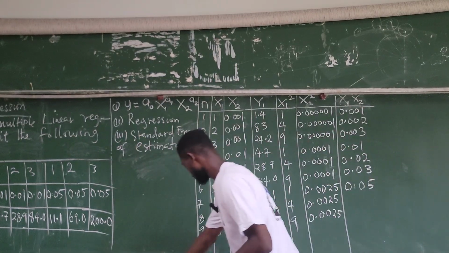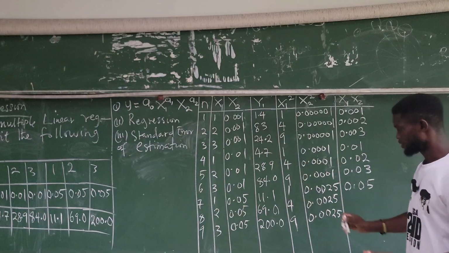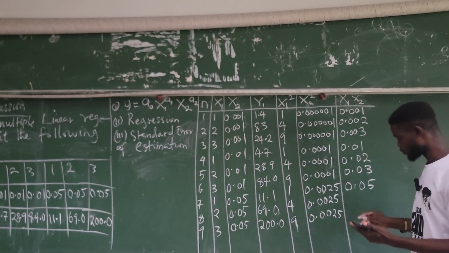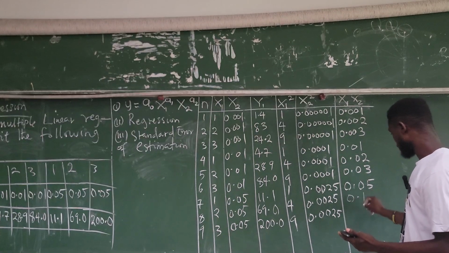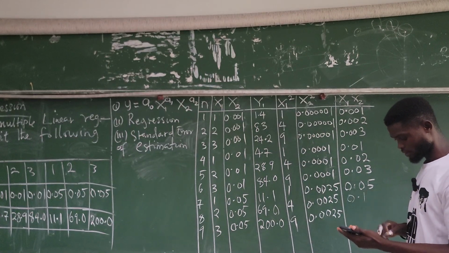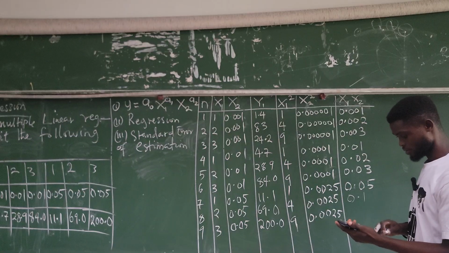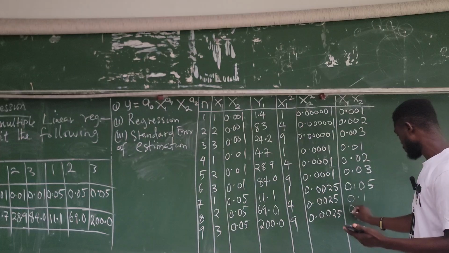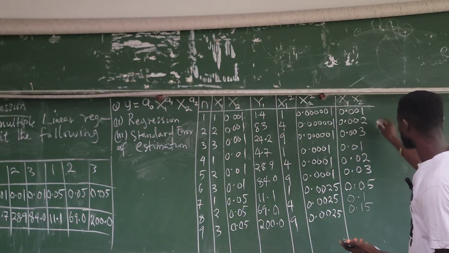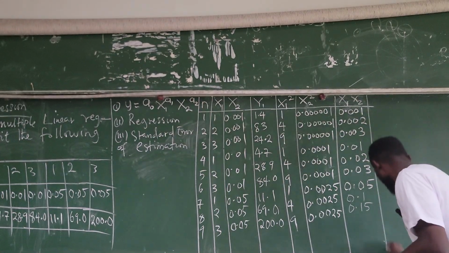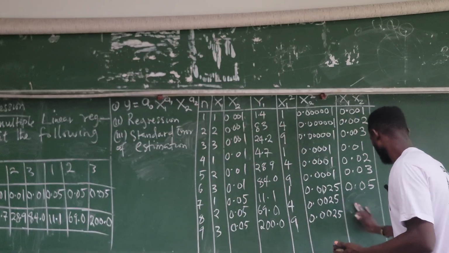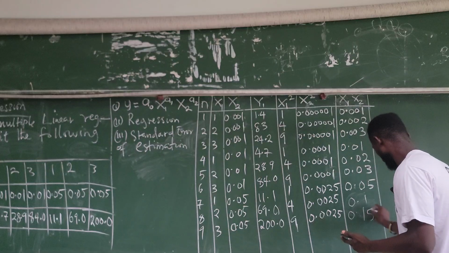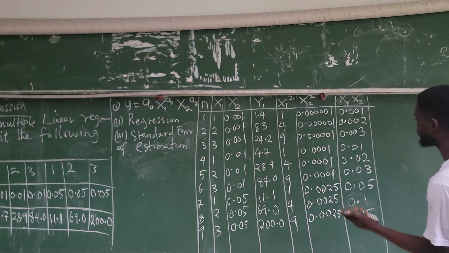Then 2 times 0.05 will give us 0.1. And 3 times 0.05 will give us 0.15.